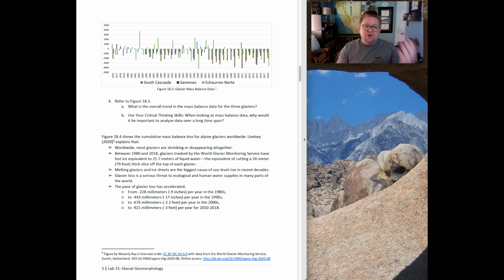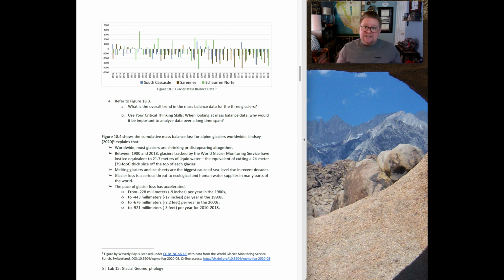And also, using your critical thinking skills, when looking at mass balance data, why would it be important to analyze data over long periods of time? Why is it important to look at data over long periods of time versus just more recent or just historical? Why is it important to include all of that data? And just for fun, you might want to Google where these glaciers are, so you get an idea of what we're looking at when we speak of spatial studies.